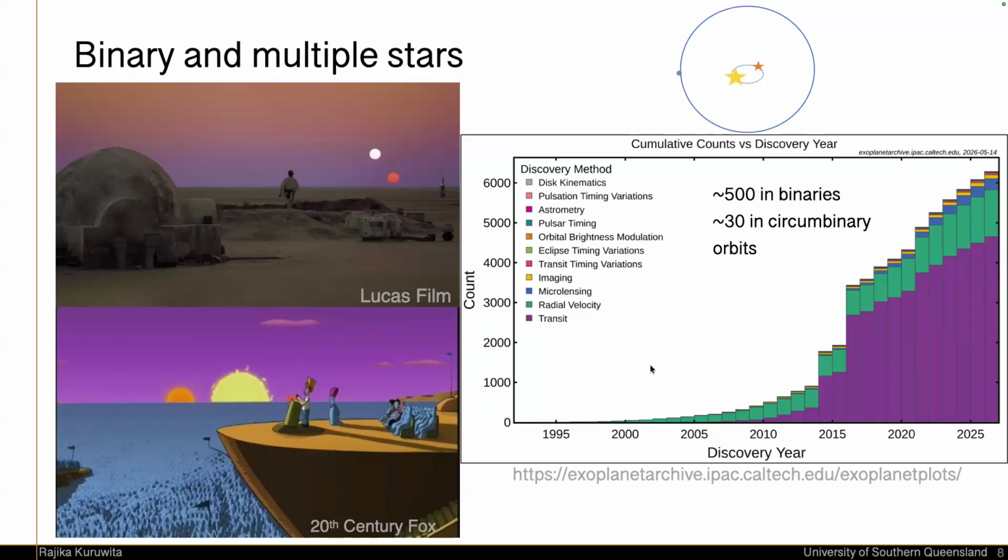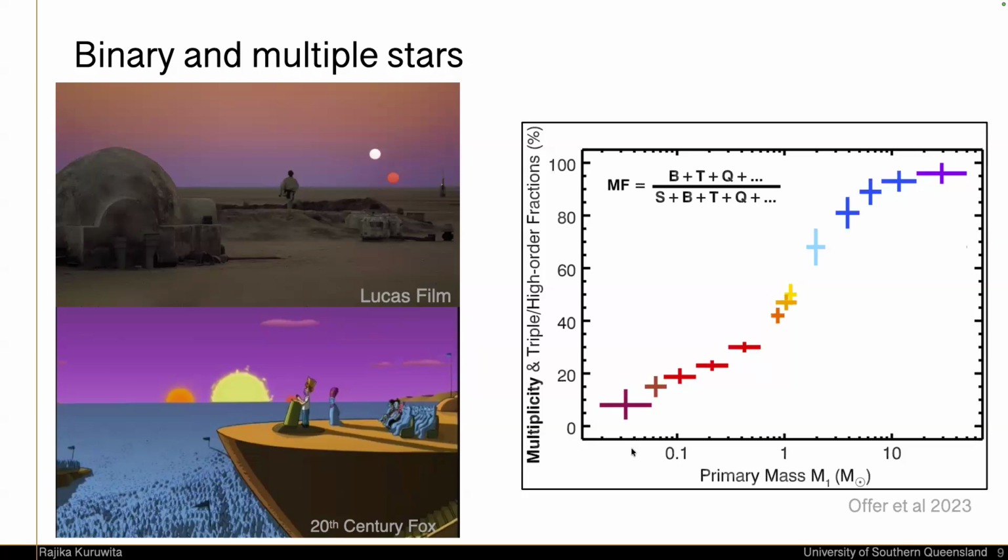I will argue that we should care about planet formation in binaries and multiples, given that most stars exist in binaries and multiples. This is from the Protostars and Planets chapter from Stella Offner. Here the x-axis is the mass of a star, and the y-axis is the fraction of those stars that are in binaries or multiple star systems.